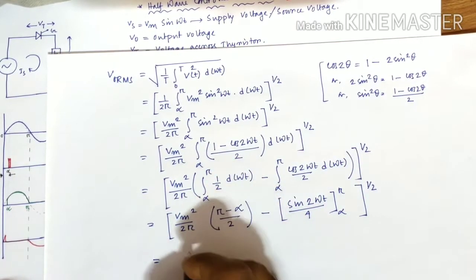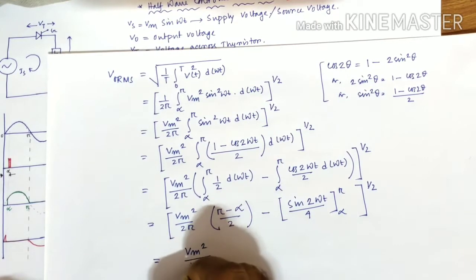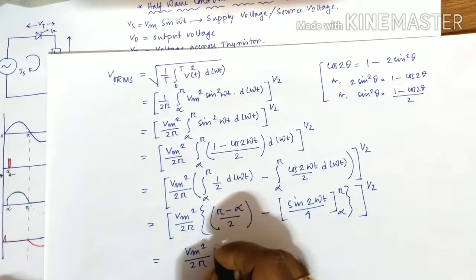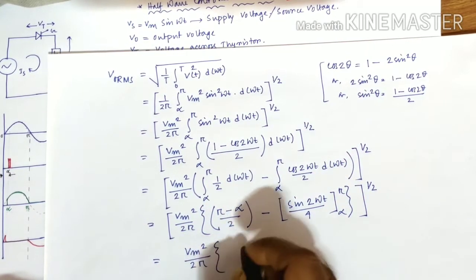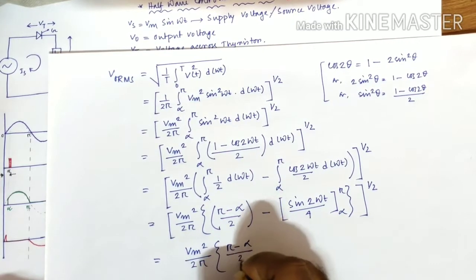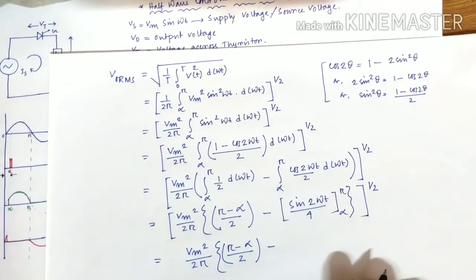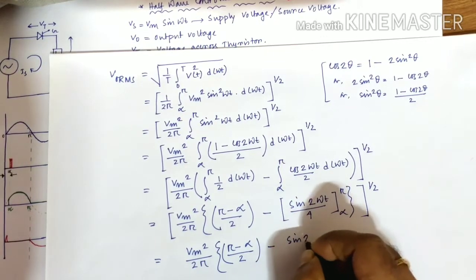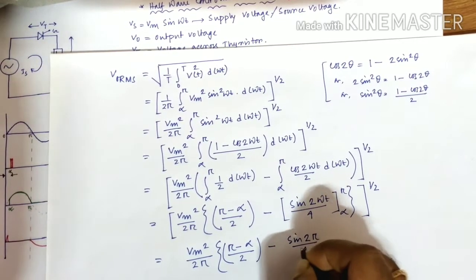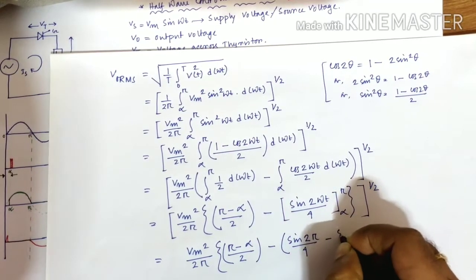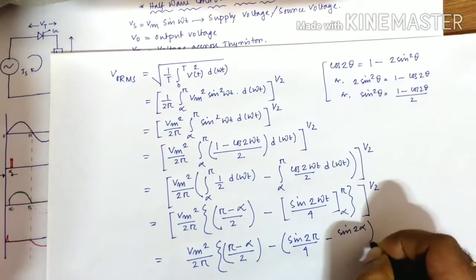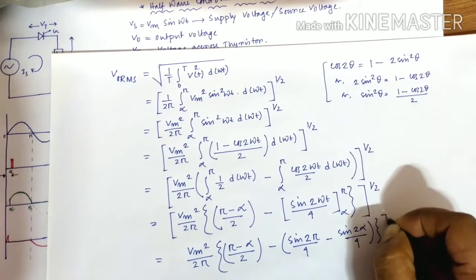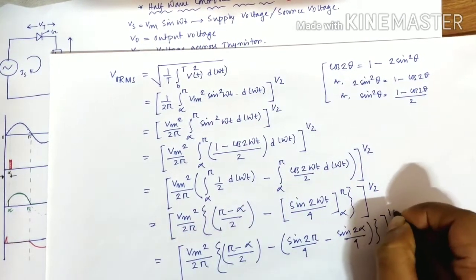under root. Now Vm square by 2 pi, sorry, there is the multiplication here, (pi minus alpha) by 2 minus, put the value here, sine 2 pi by 4 minus sine 2 alpha by 4, to the power half.